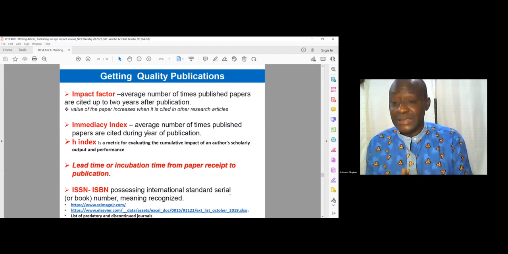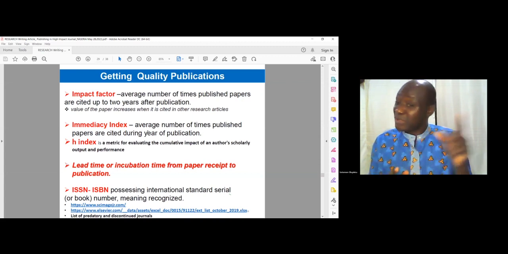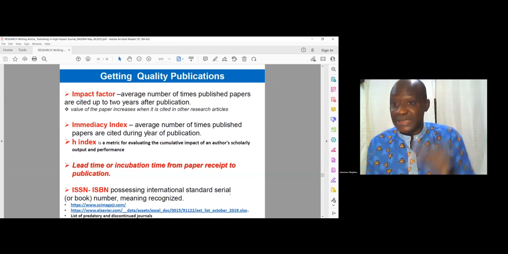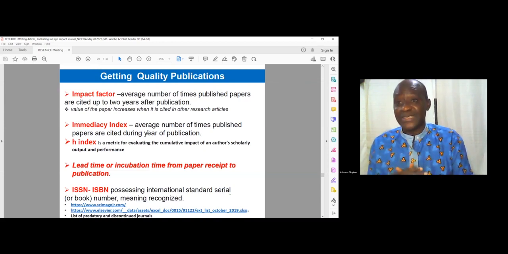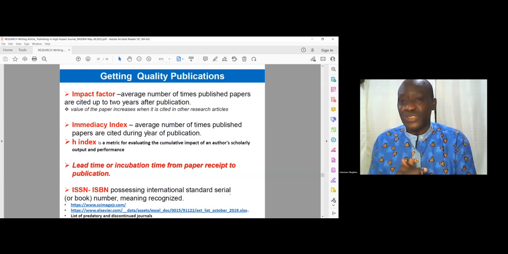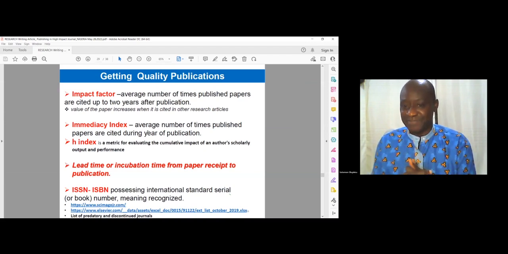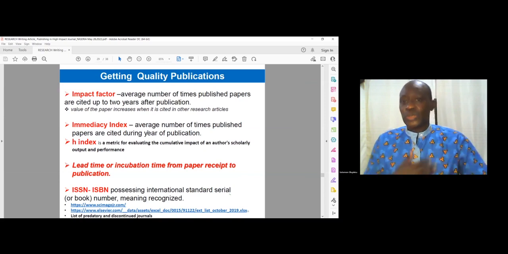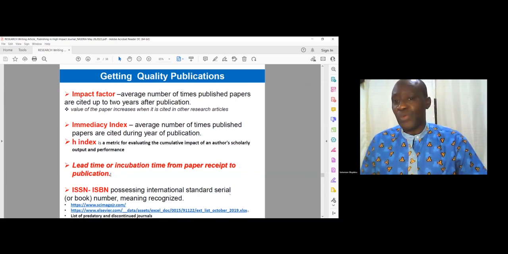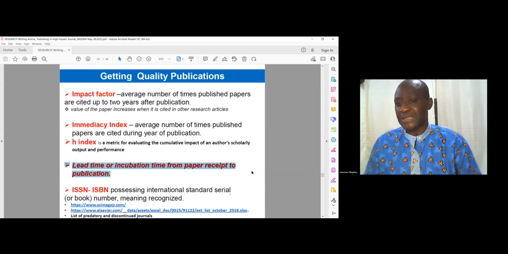We don't pass our boundary. 7 points, not 0.07, it's 7 points, close to 10. We were bounced back after wasting 8 months waiting for acceptance. This is the problem why we are all having predatory journals nowadays, predatory publication.